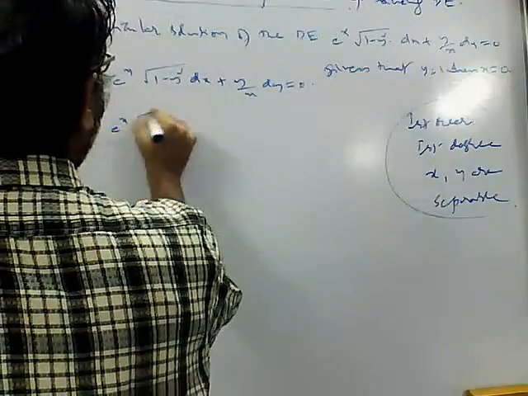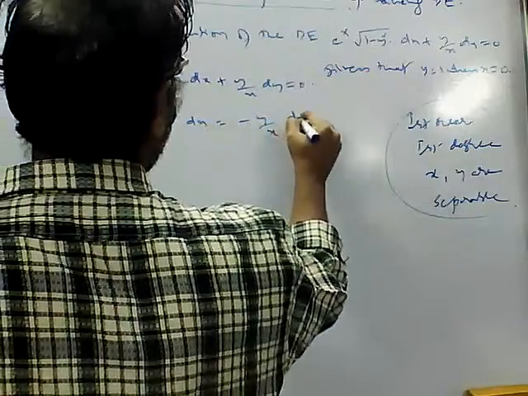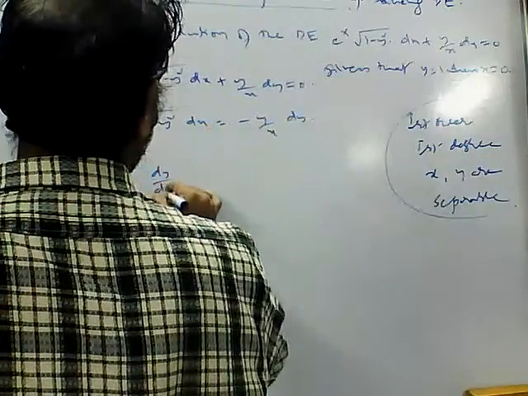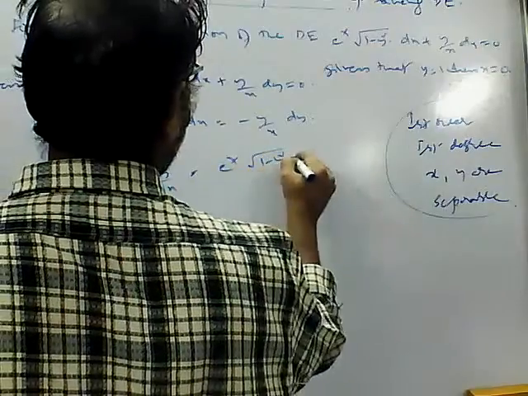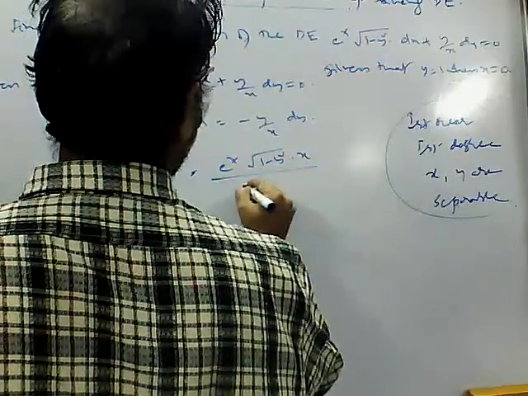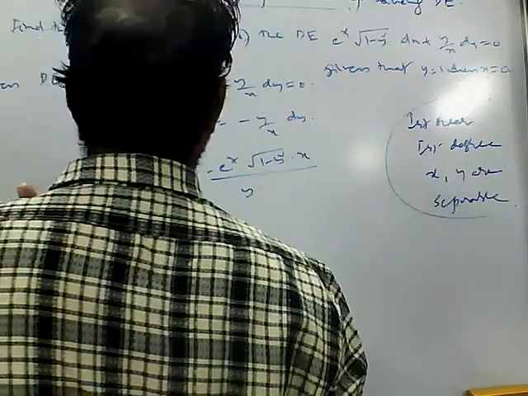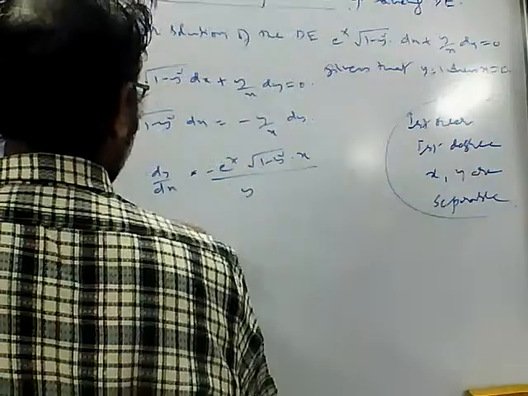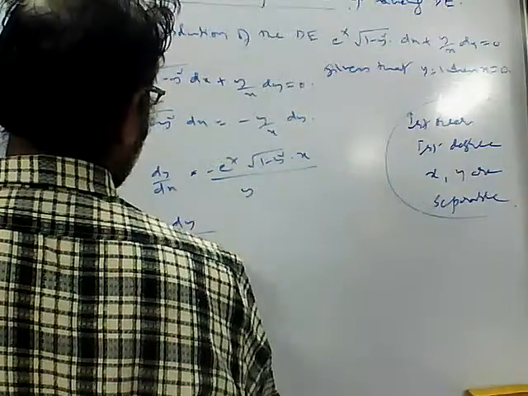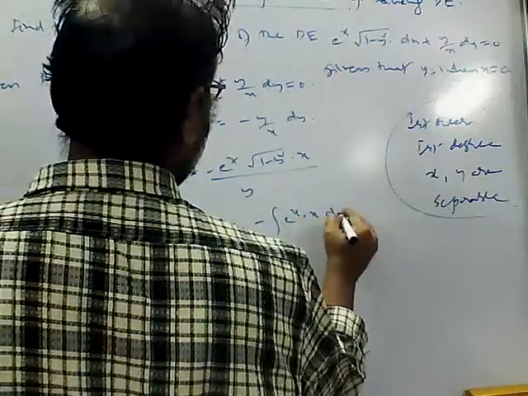So e power x into root of 1 minus y square dx is equal to minus 1 by x dy. So dy by dx is equal to e power x into root of 1 minus y square into x by minus y. That implies y dy by root of 1 minus y square is equal to minus e power x into x dx.